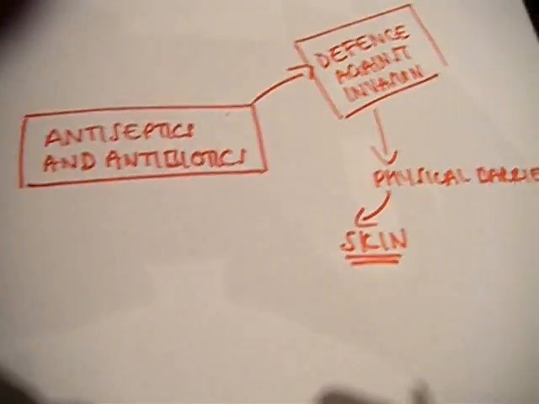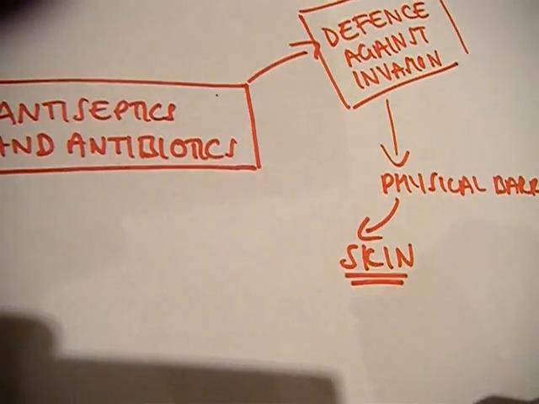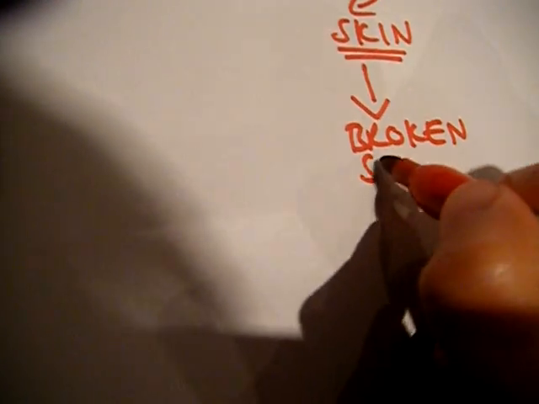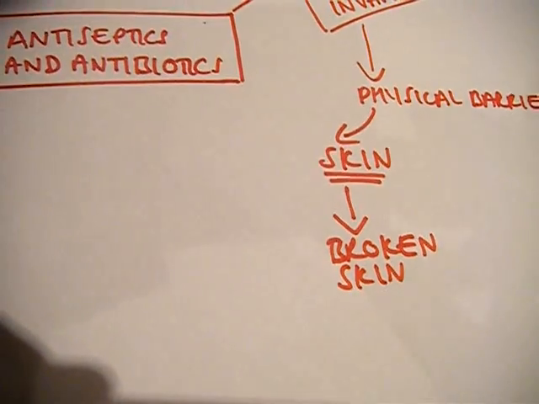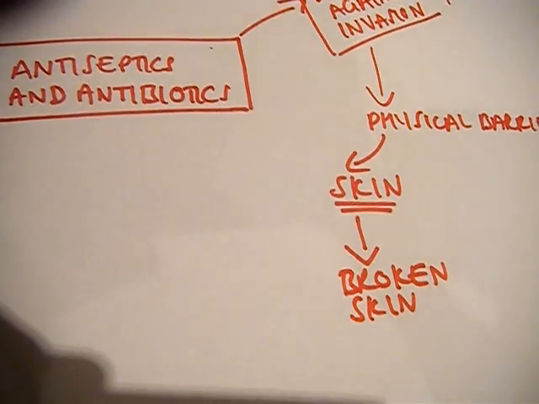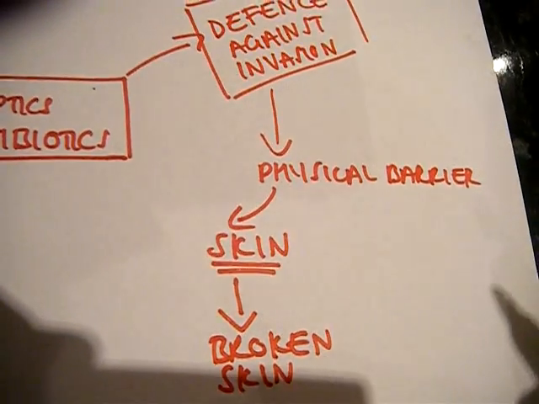So our skin basically prevents quite a lot of things from getting in. If the skin's broken, then we have an issue, because all kinds of little beasties can get in through broken skin. And that's why we use things like plasters and Germolene and stuff.